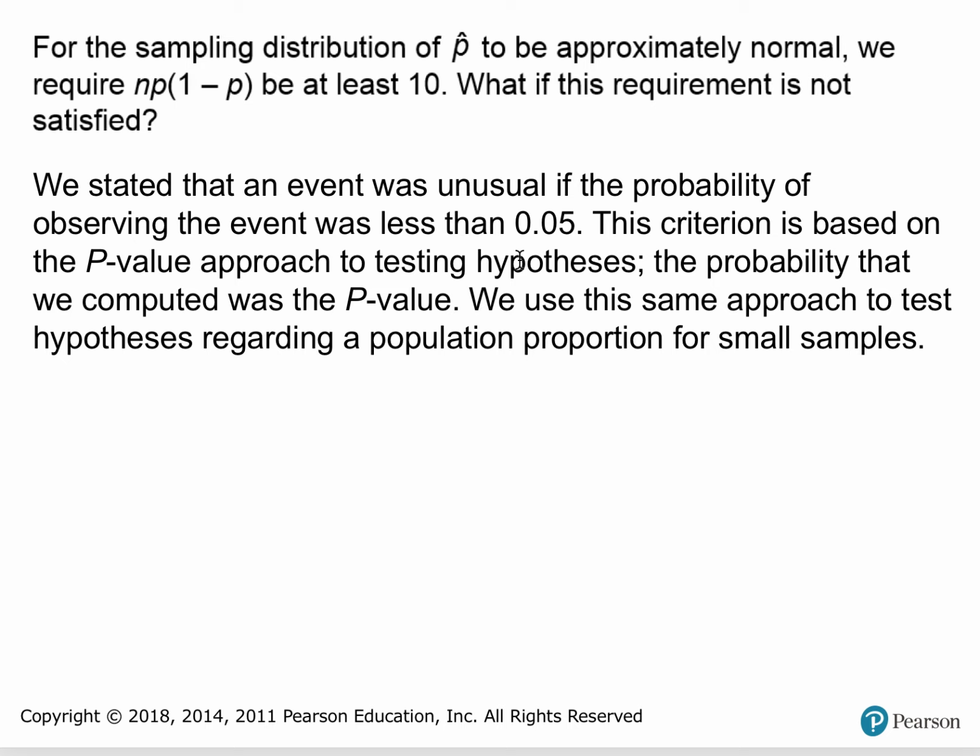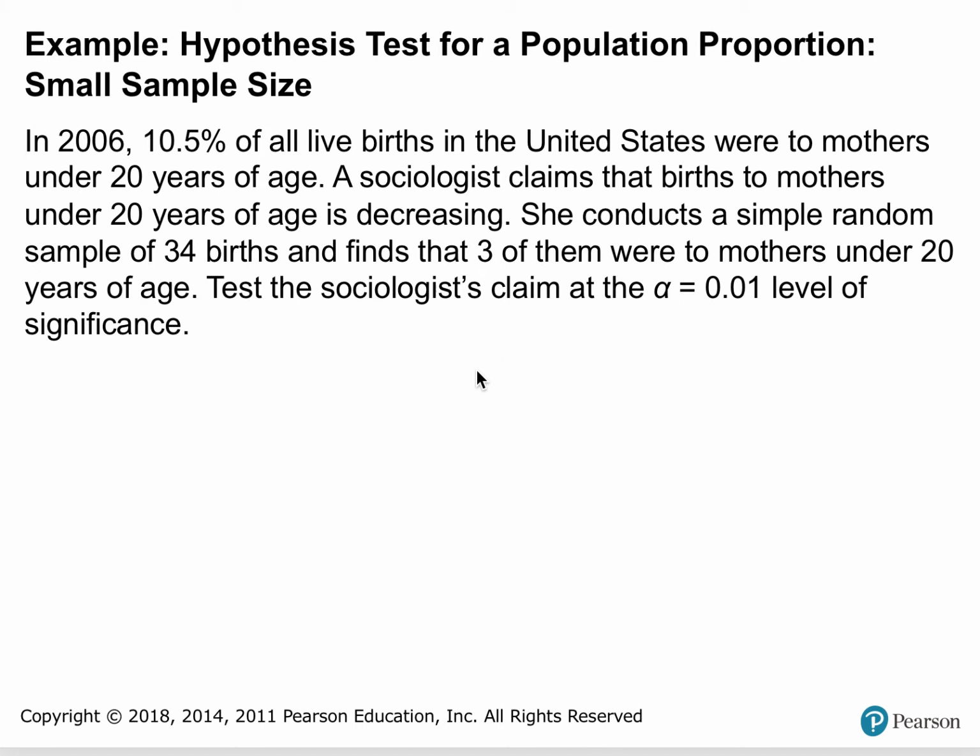This criterion is based on the p-value approach to testing hypotheses. The probability that we computed was the p-value. We're going to use this same approach to test hypotheses regarding a population proportion for small samples. So the p-value approach, if your sample is small, is a little bit different.